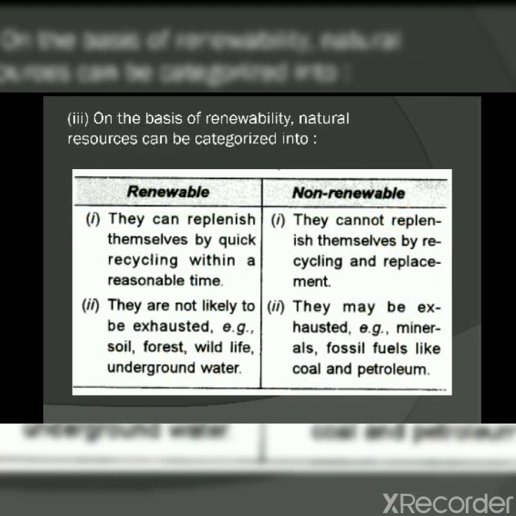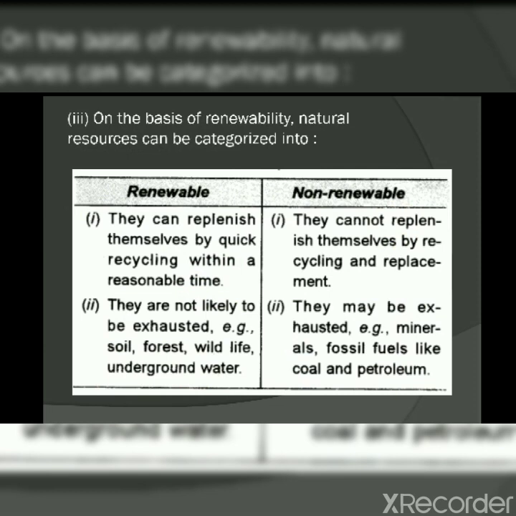On the basis of renewability, natural resources can be categorized into renewable resources and non-renewable resources. Now what are renewable resources? They can replenish themselves by quick recycling within a reasonable time. That means they can be restored again in nature by recycling within a reasonable time.